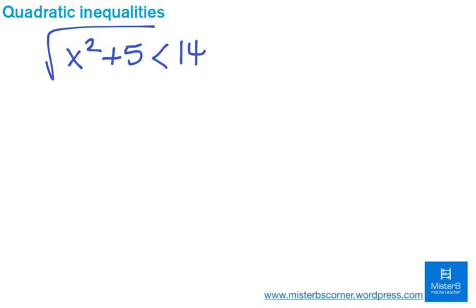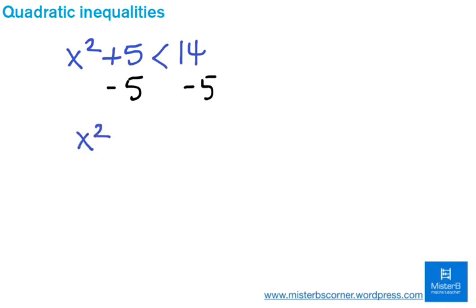In case you have something like x squared plus 5 is less than, let's say, 14, right? All you need to do is to leave x squared alone, because you cannot take the square root here, as there is addition, so you cannot take anything outside. So what's going to happen is you go like minus 5 from both sides, as if you're solving an equation.